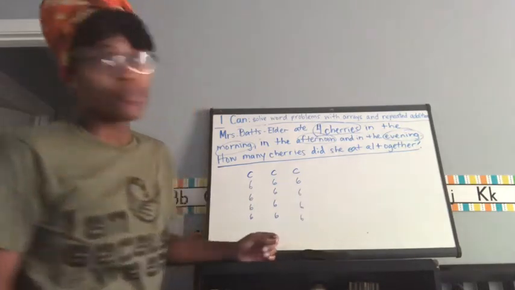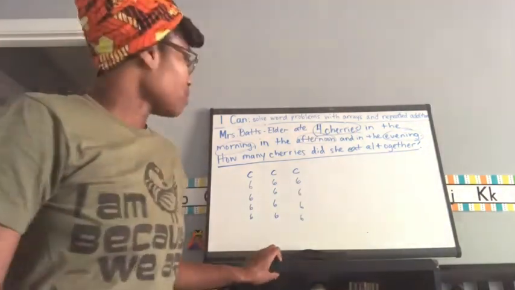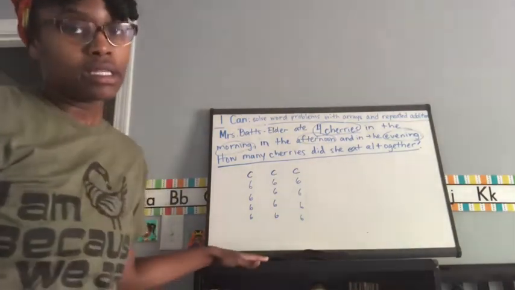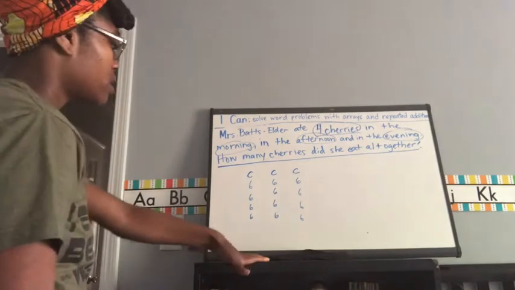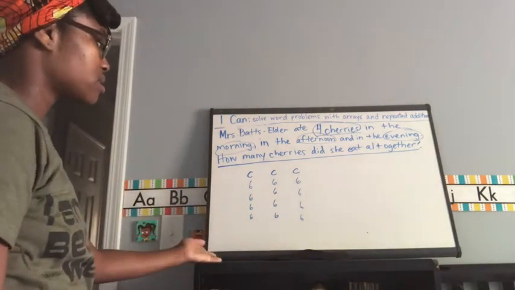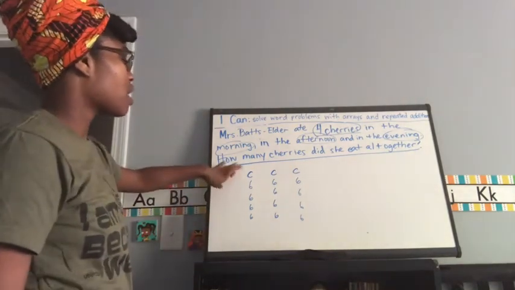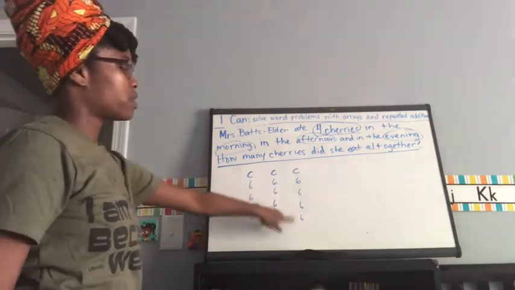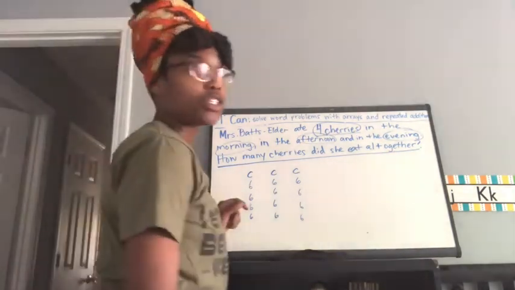Okay, so what repeated addition sentence could we use to represent the cherries that she ate? If we're looking at the columns, we could use 4 plus 4 plus 4 because there are 4 cherries in each column.